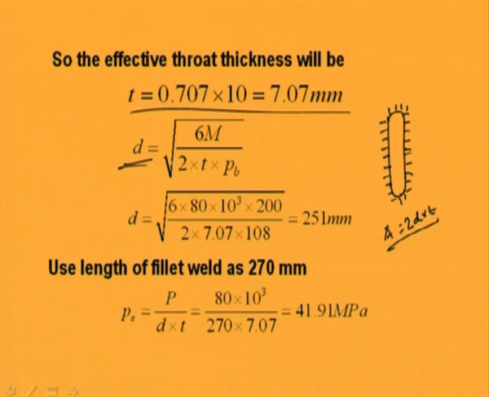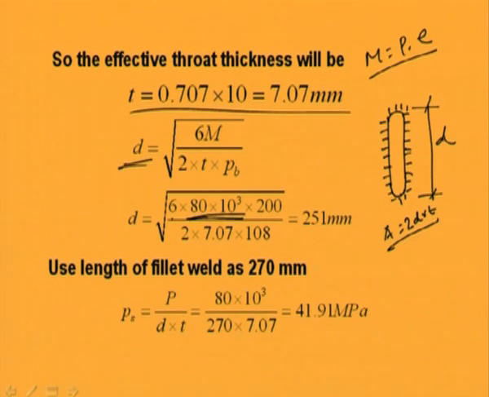So similarly, when we are going to calculate the length of the weld, that can be found from the equation. If we see the earlier equation, that is square root of 6M by 2T into Pb, right. So here 6M, moment M is equal to P into E, and P is given as 80 kilonewton.